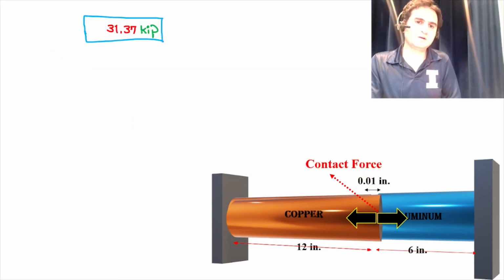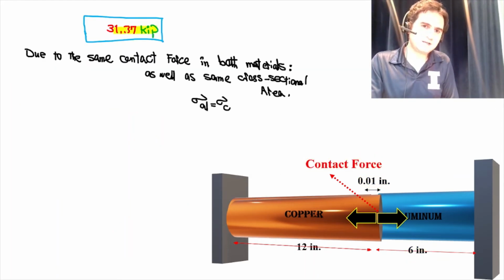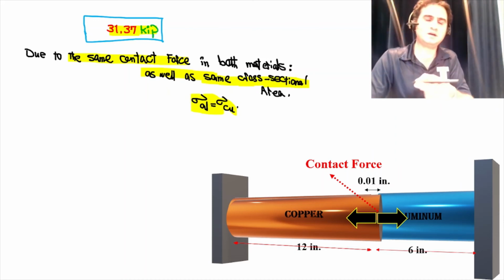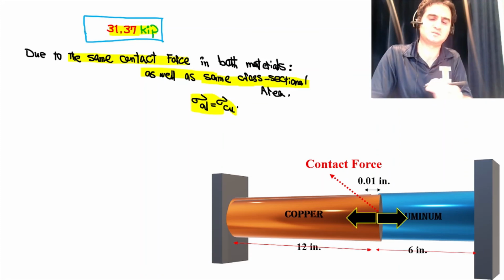As soon as you know the force, dividing the force by the cross-sectional area gives you the stresses in both materials, because the force is the same due to the same contact force, and we also know the cross-sectional areas of both materials are the same due to the problem statement. So sigma is F over A. If F is the same and the area is the same, sigma remains the same.